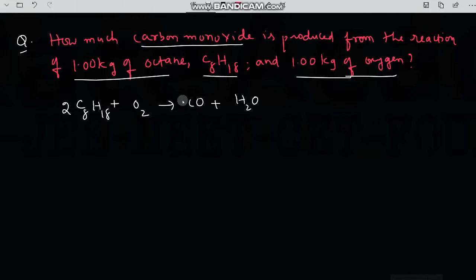This is 2 moles of octane, it will give 16 moles of carbon monoxide and 18 moles of water, and the rest is 17 moles of oxygen. It is the balanced equation. So from this equation we can calculate how to find the mass of the carbon monoxide. Before that, what is the number of moles of octane C8H18? That we will do.